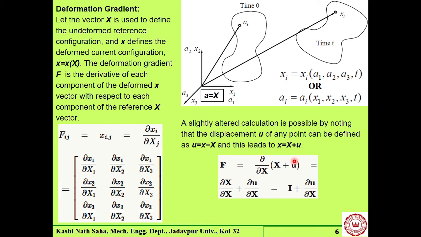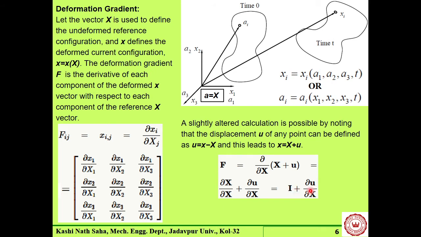And so what will happen if we take this derivative with respect to this initial configuration or reference configuration, then this derivative del f with respect to initial configuration capital X is 1 plus something, or we say this is our identity matrix plus this del u del x.